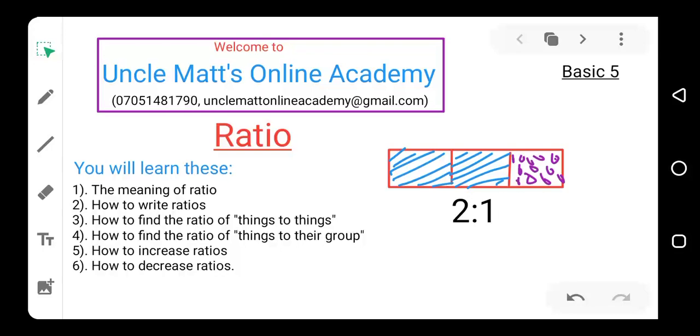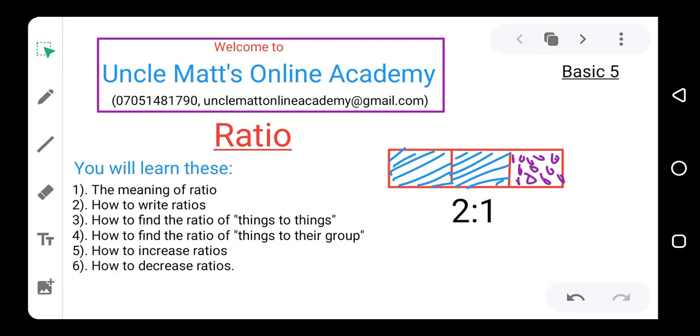Don't worry, I'll explain what I mean by tens to tens, and how to find the ratio of tens to their group. Then how to increase ratios and how to decrease ratios. This is actually how ratios look like this picture here, 2:1.